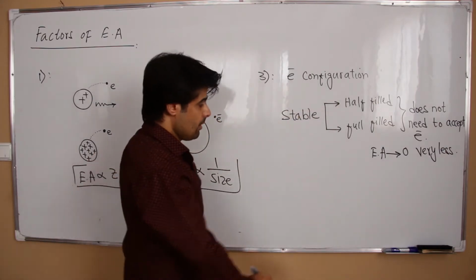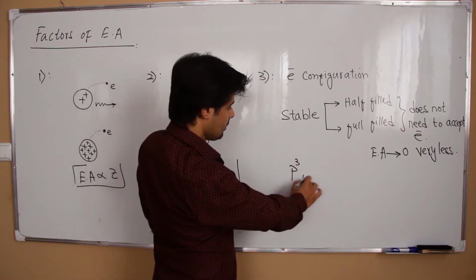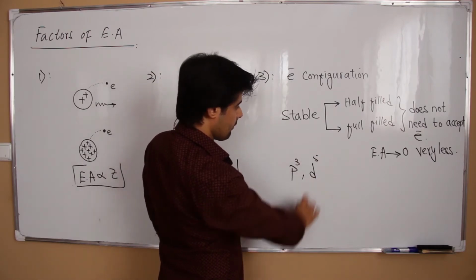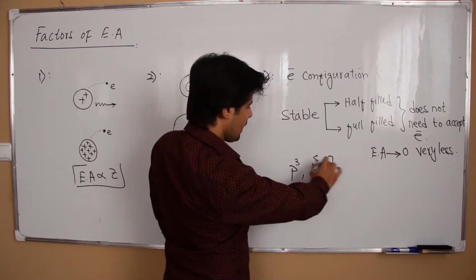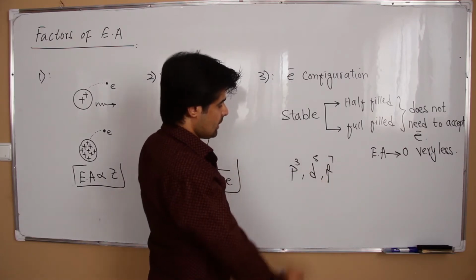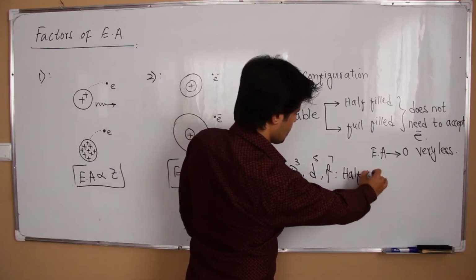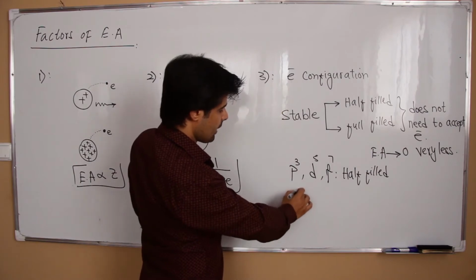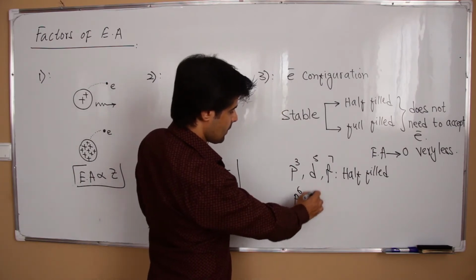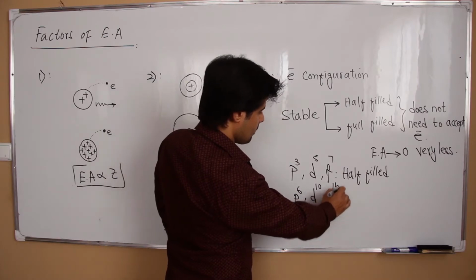What is half-fill? For p orbital, if we have 3, for d orbital, if we have 5, and for f orbital, if we have 7. This is half-fill. Also, for full-fill, we have p 6, d 10, and f 14.